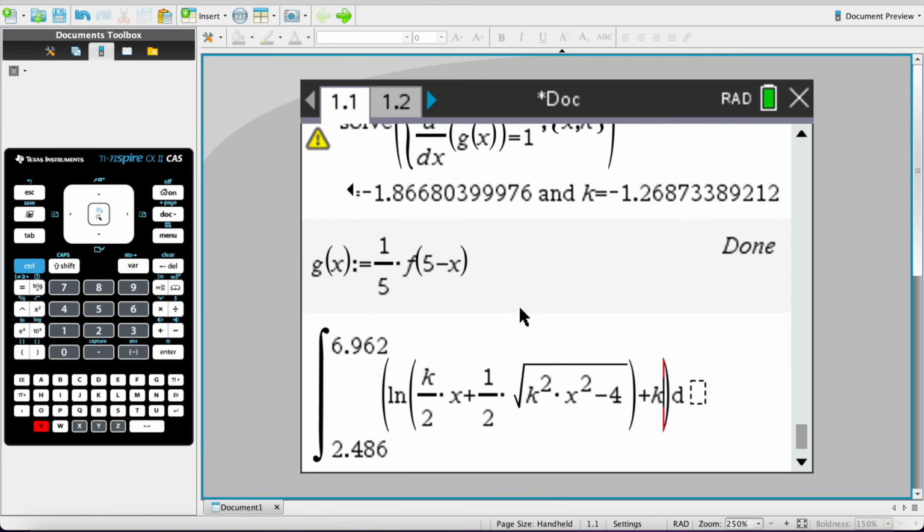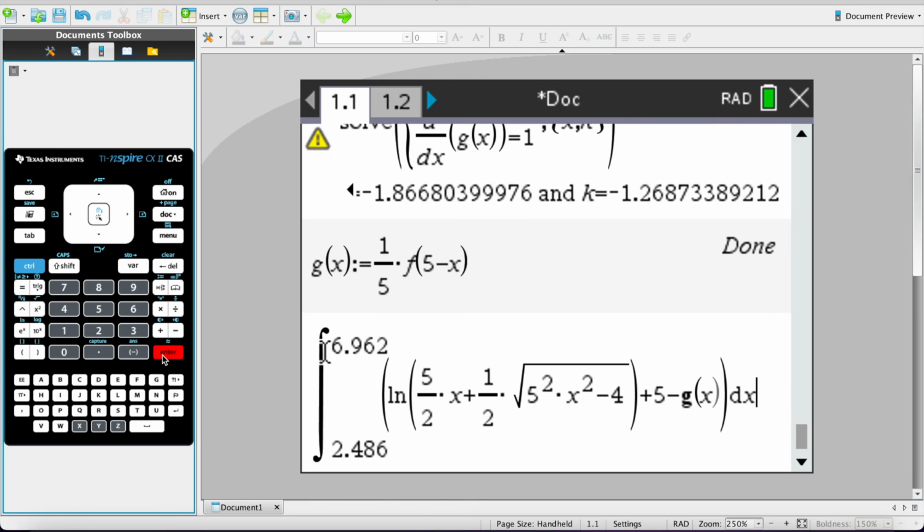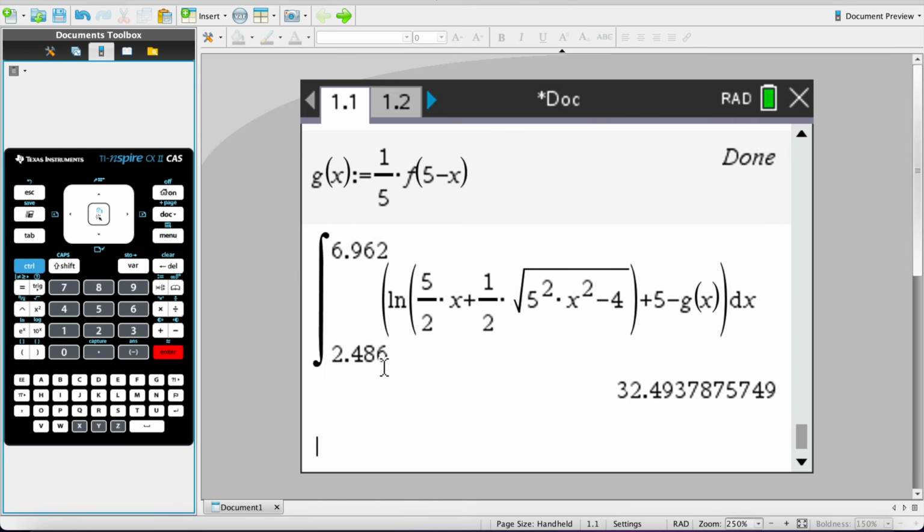And I'm just going to change k to be 5, right? So that's 5 squared and then 5. And then that is going to be minus g of x. But g of x, remember, yeah, I did do it when it's 5. So g of x dx, and hopefully this works. 32.49 to 2 decimal places.